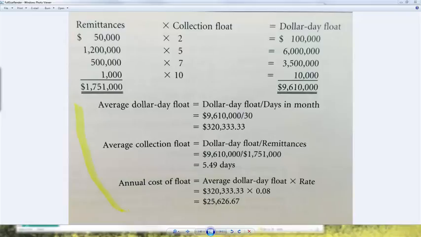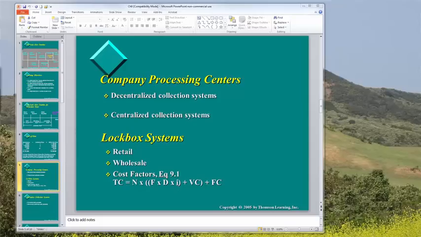So taking the average dollar-day float of $320,333.33 and multiplying that by 8%, the relevant rate of return in this example, we see that the annual cost of that float is $25,626.67.